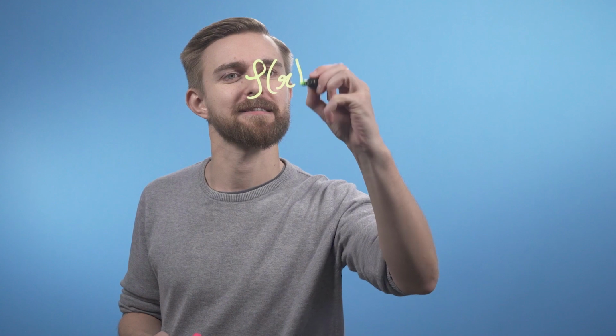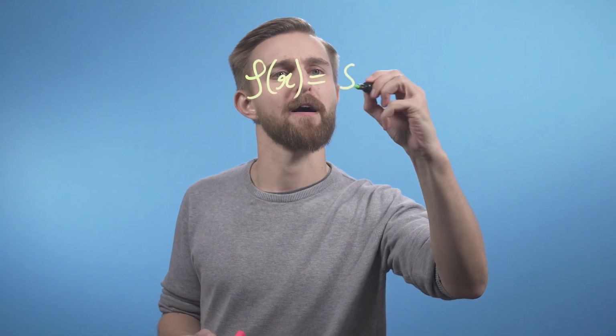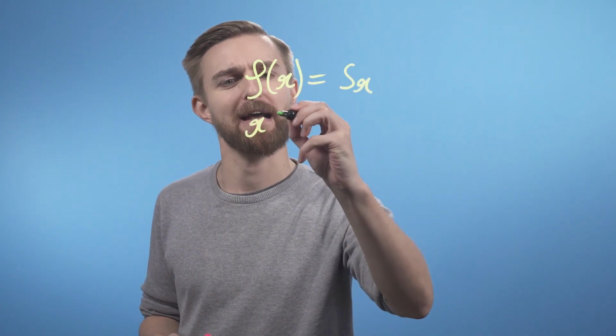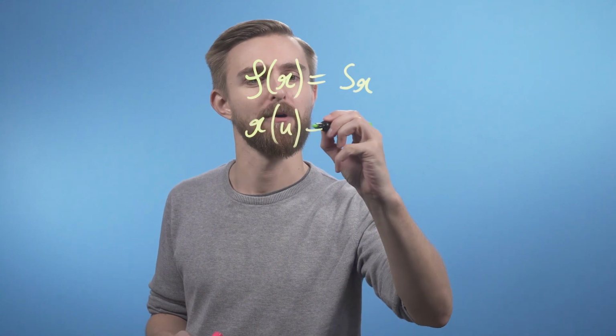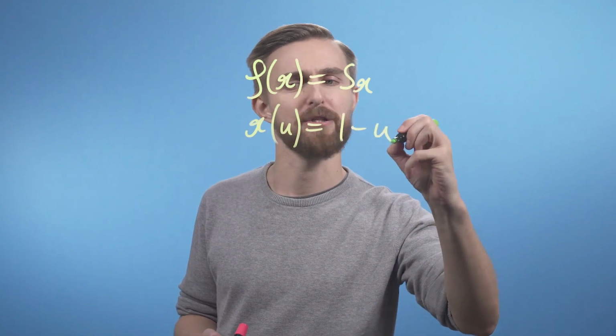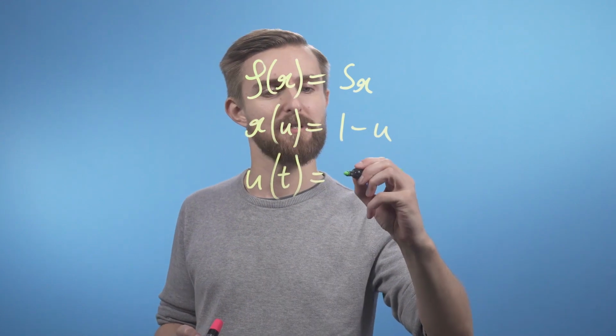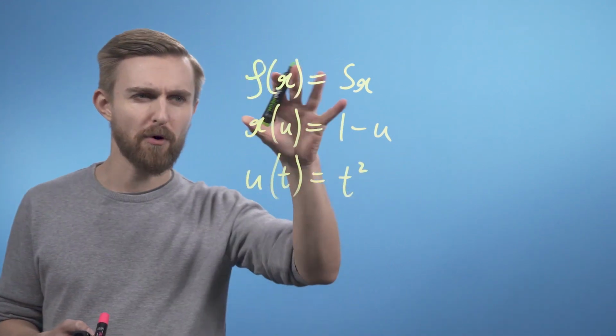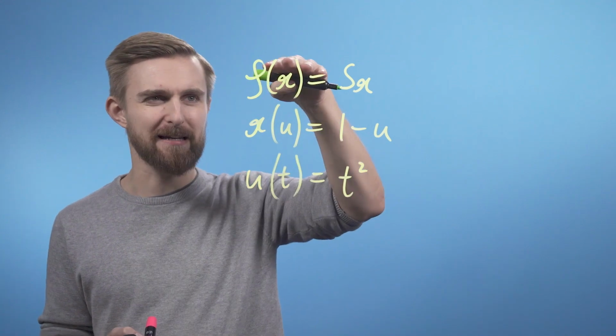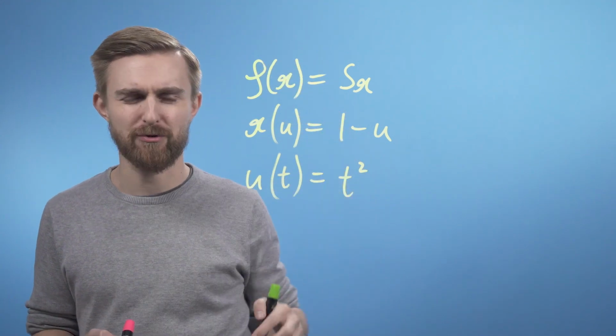Next, we're going to see that the chain rule still works for more than two links. To start us off, we'll work through a really quick univariate example where we're going to add in another function separating f from t. So we can say f of x is going to equal 5x, and x of u can equal 1 minus u, and u of t finally can be t squared. So we've got three functions and we're separating f from t now by an extra step.